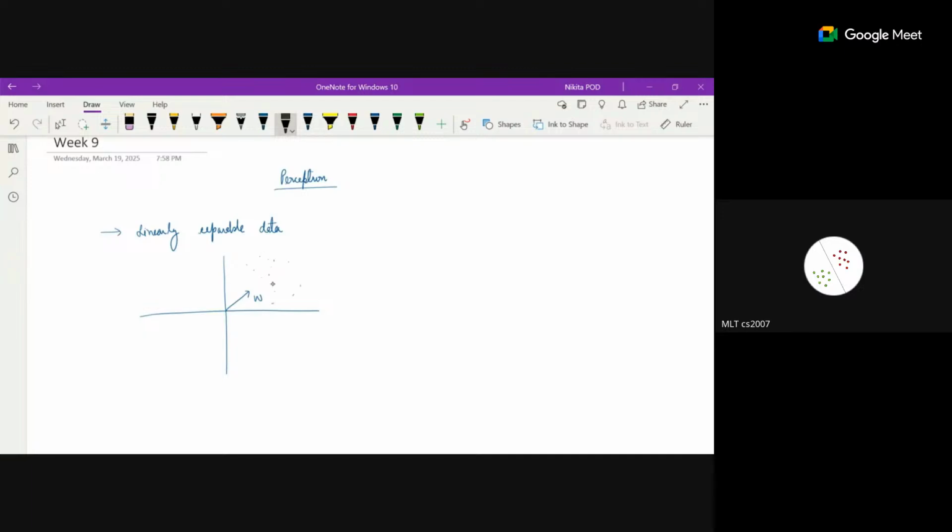On one side of the line, you have all the data of the same kind, and on the other side, data of the other kind. If I'm talking about label plus one, label minus one, on this side my label is plus one, and on this side my label is minus one. Only if you have a data set like this, you can perform your perceptron algorithm.